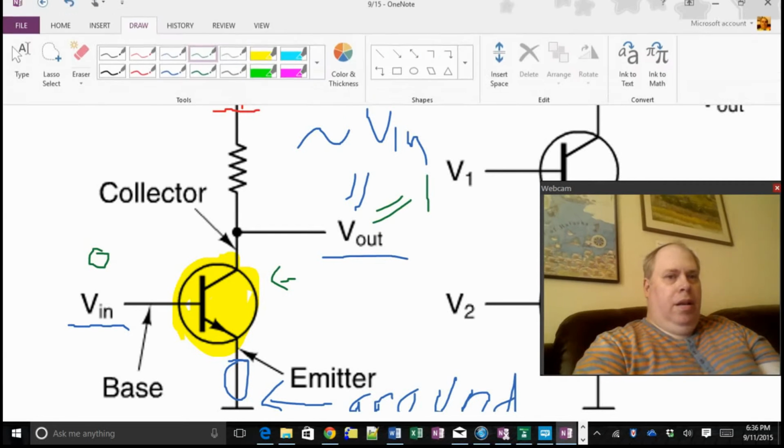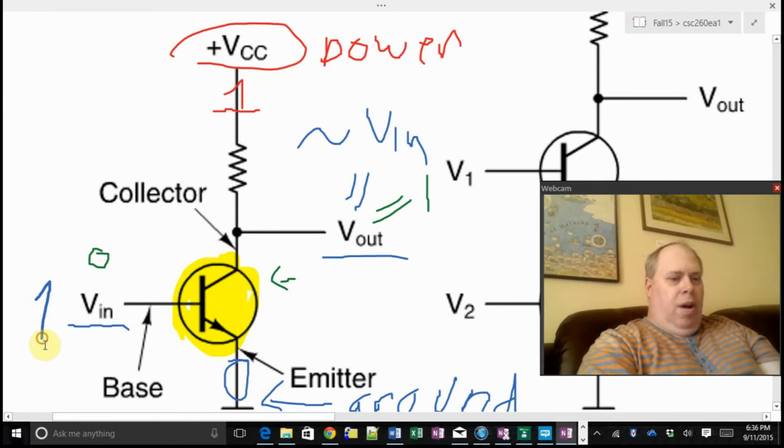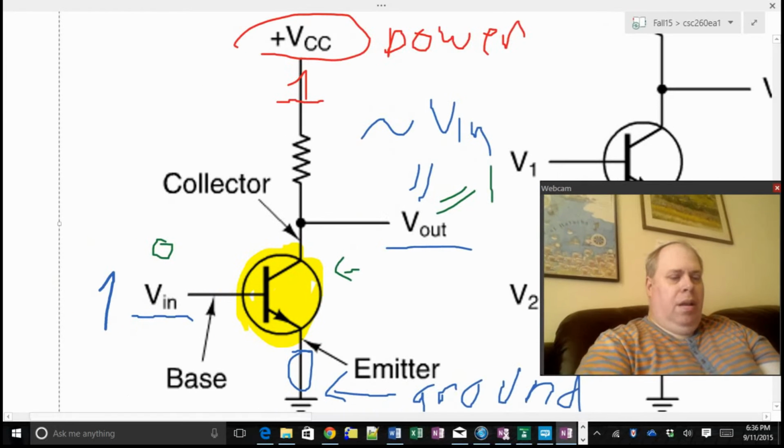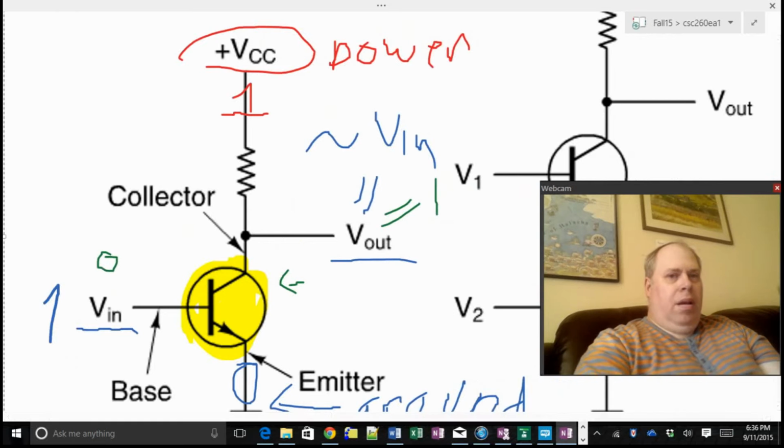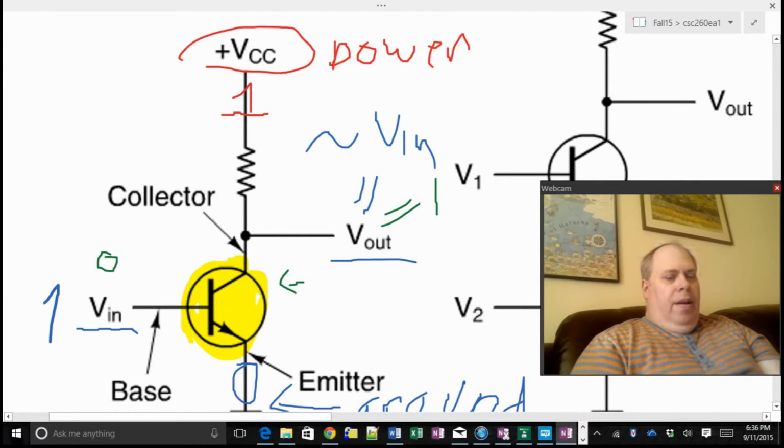But let's say V in is 1. That means that the transistor is open. Now the 1 and the 0 are connected on a direct line, but that's what this resistor is doing.